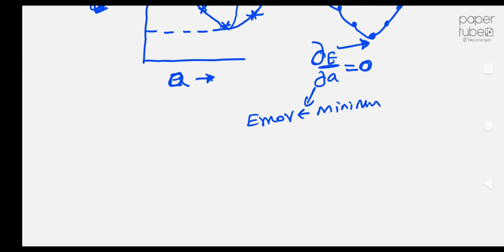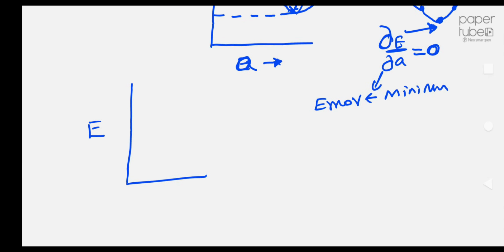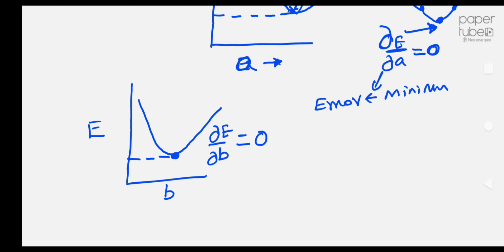The same rule applies for how the error changes with respect to the constant b. Something changes and then you find the particular b value where your error will be minimum. So the change in error with respect to change in b should be equal to 0. This represents the stationary point on this line where your error will be minimum.